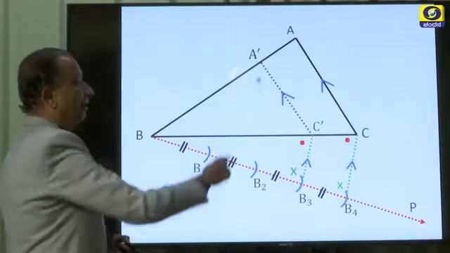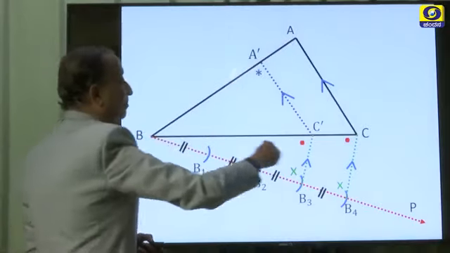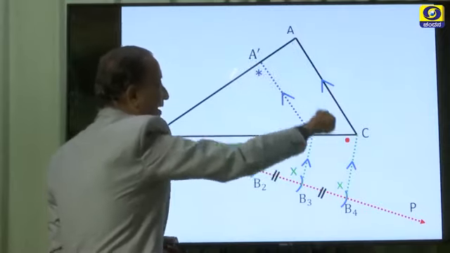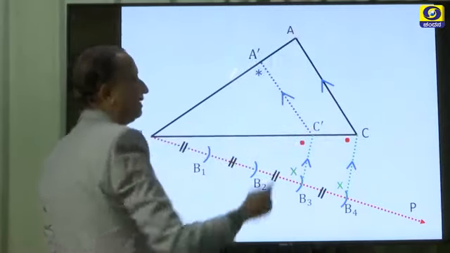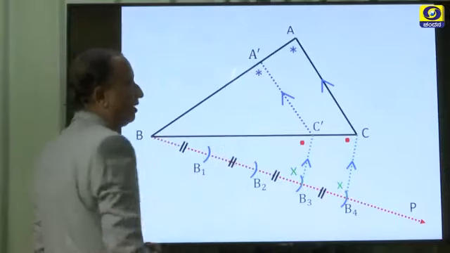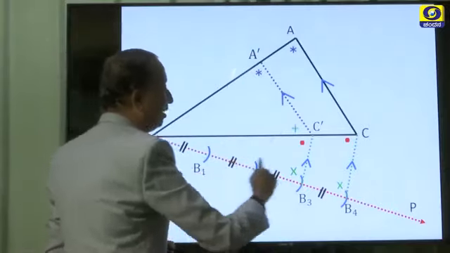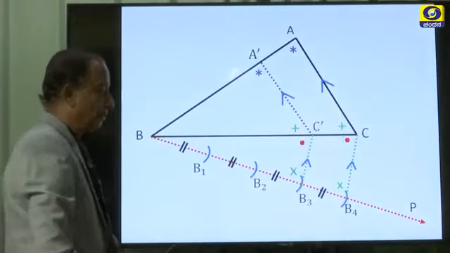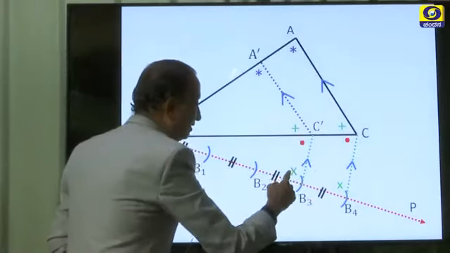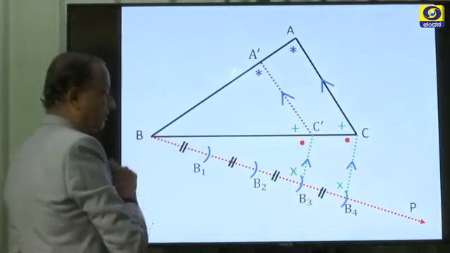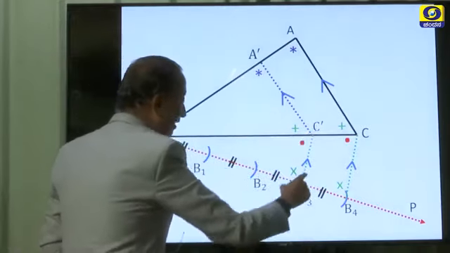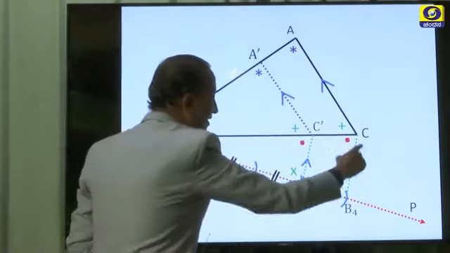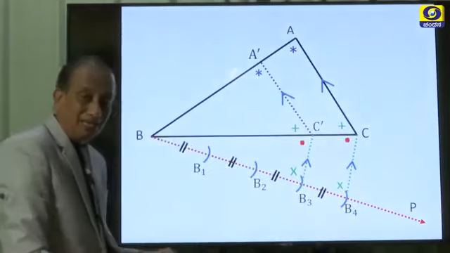Similarly, in the upper triangle, these two sides are parallel, and if you consider this as the transversal, these two are corresponding angles, and if you call BC as transversal, these two are corresponding angles. So this angle is equal to this angle, and this is the common angle. Don't you think triangles BC dash B3 and BC B4 are equiangular?